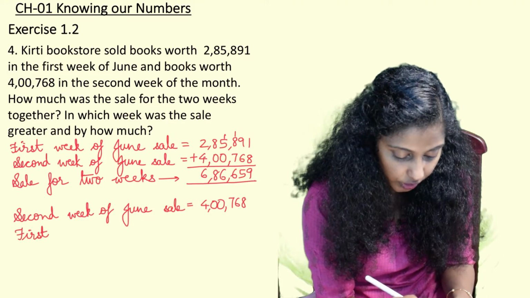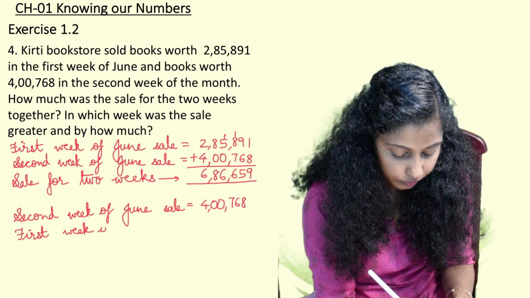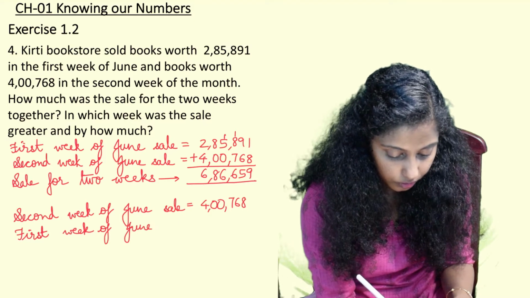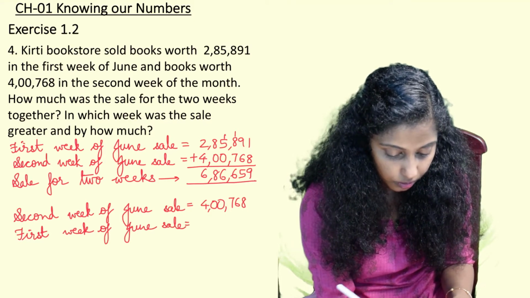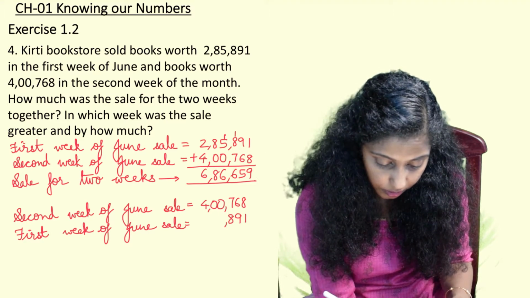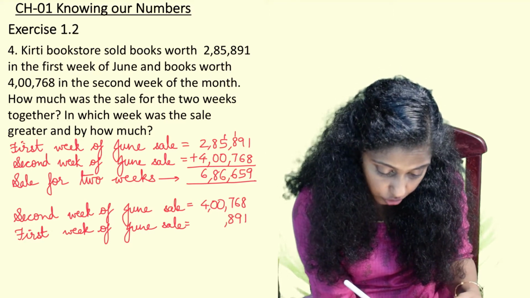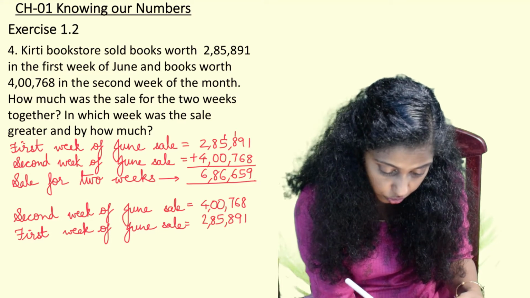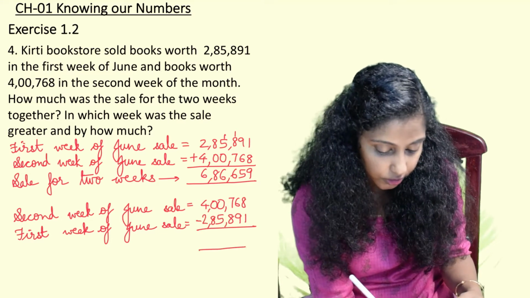This is the first week of June sale. We write from the units place 198,582. 582. And we do subtraction.